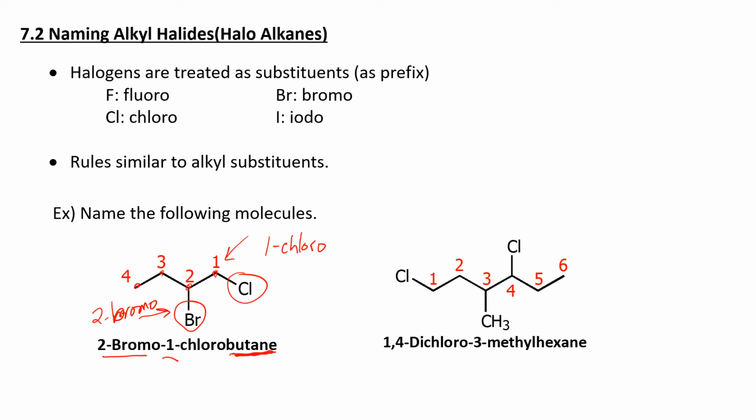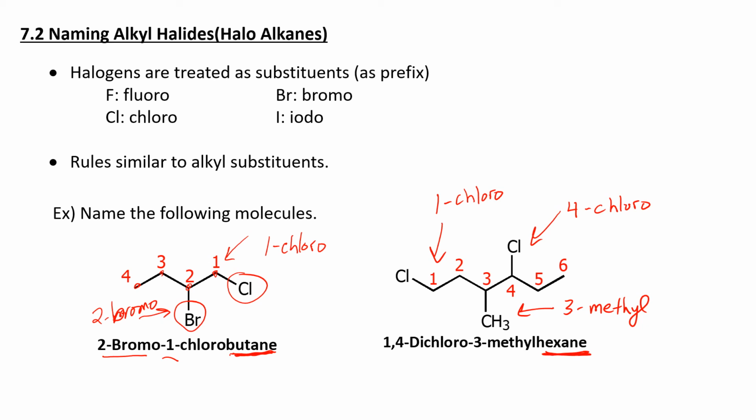The next one, we have several halogens, and we have 1 alkyl substituent. So our longest parent chain has 6 carbons. We have a 1-chloro group, a 4-chloro group. We have a 3-methyl. So when we put it all together, our parent name is hexane.